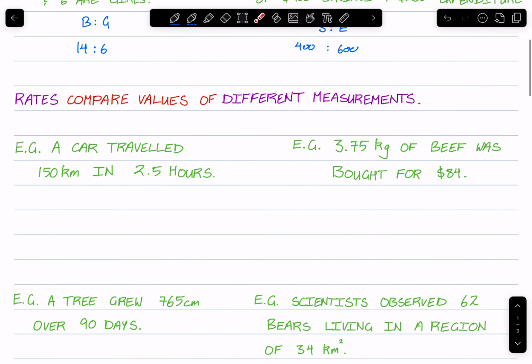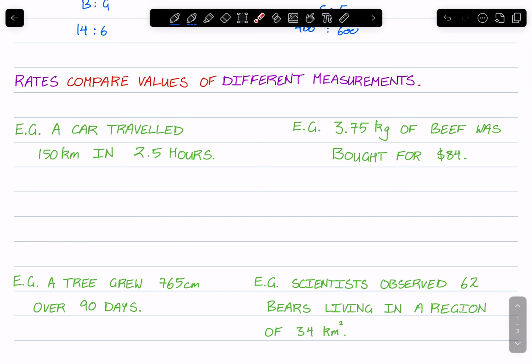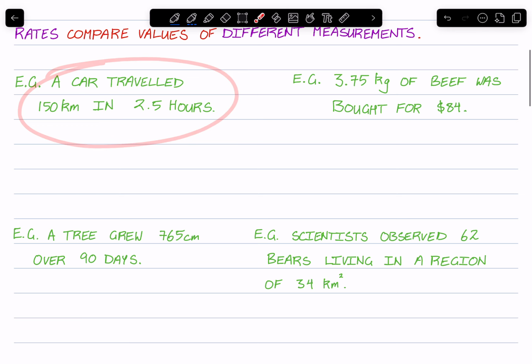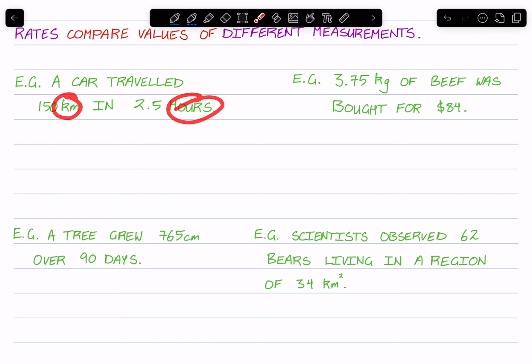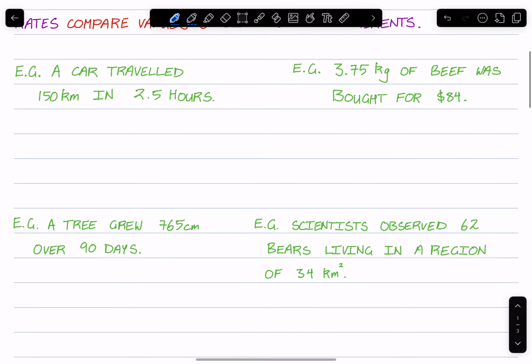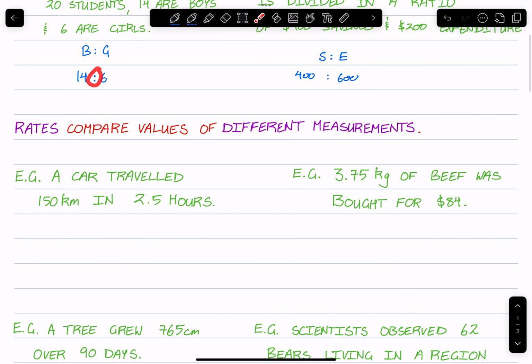Rates, however, compare values of different units or different measurements. So straight away, in this first example, we can see that a car traveled 150 kilometers in 2.5 hours. So notice how we have kilometers and hours. These are different units of measurement. To write this, we no longer use the ratio symbol.